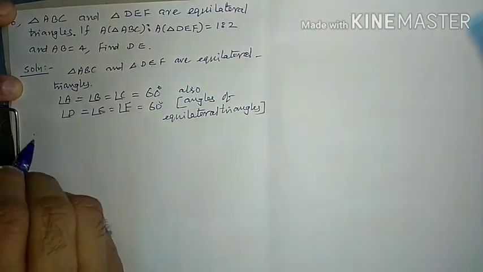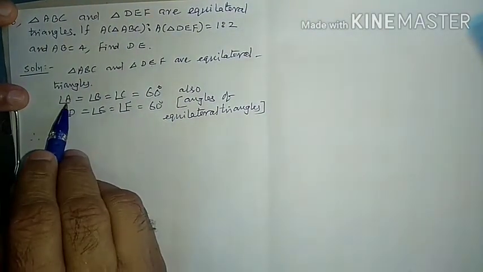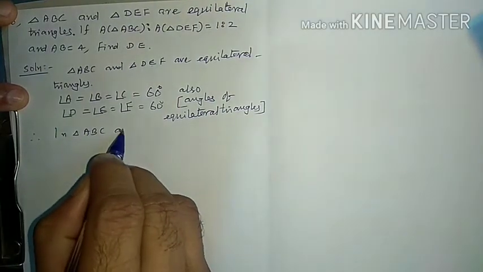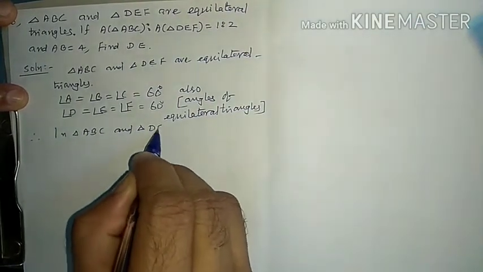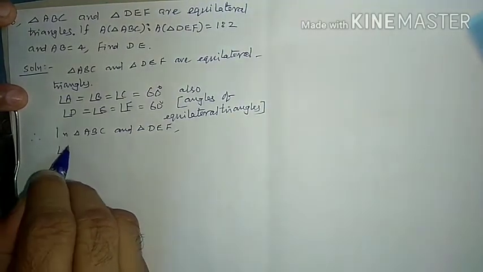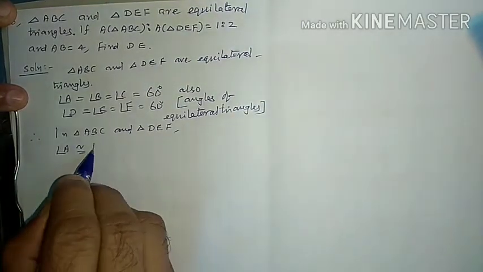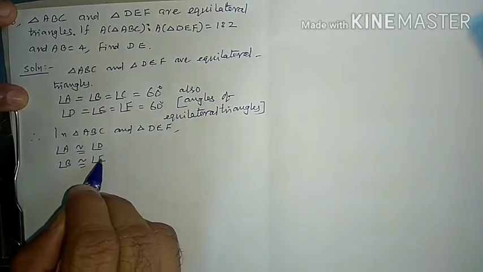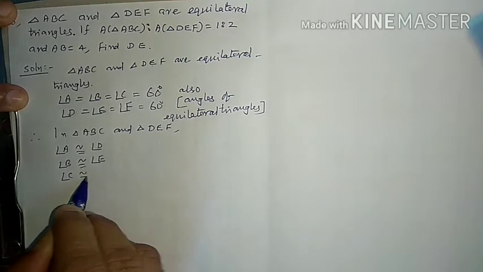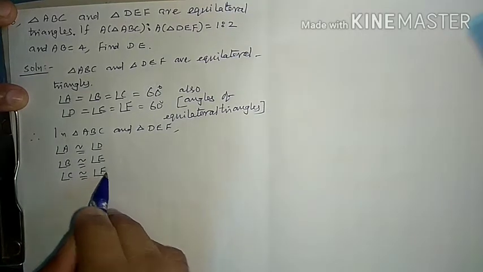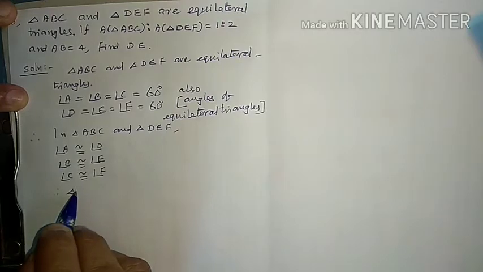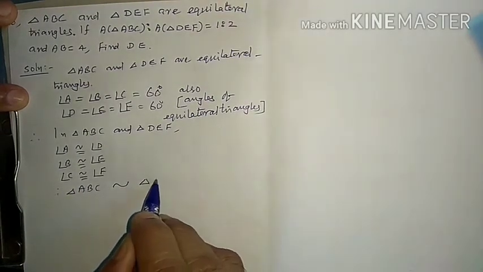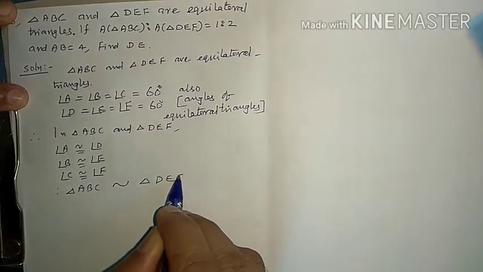Therefore what happens? Otherwise we see like this. In triangle ABC and triangle DEF, angle A congruent to angle D, angle B congruent to angle E, angle C congruent to angle F. Therefore, triangle ABC is similar to triangle DEF.